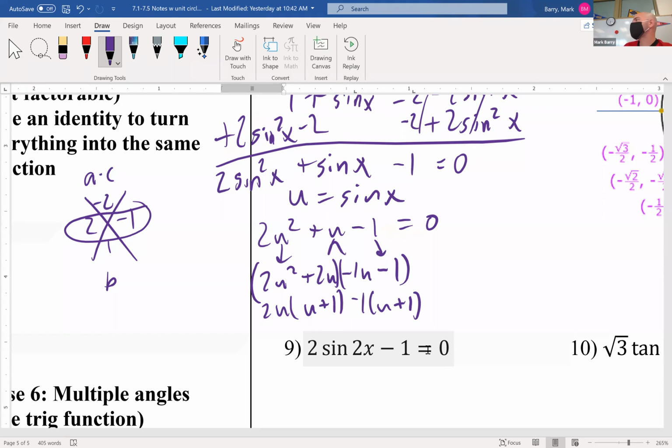All right, good news. I got the same thing in both parentheses. So that gives me 2u minus 1 times u plus 1.